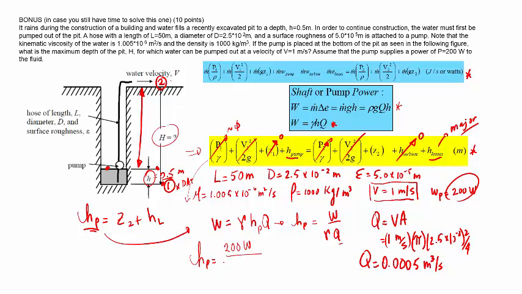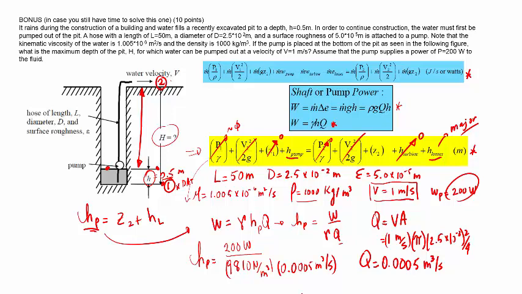200 watts, and then I have the specific weight here, so it's 1910 newtons per meter cubed times 0.00005.